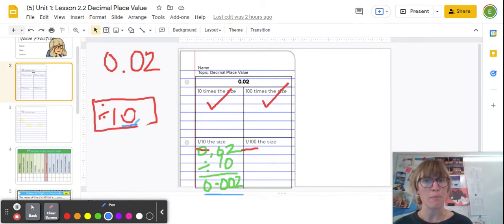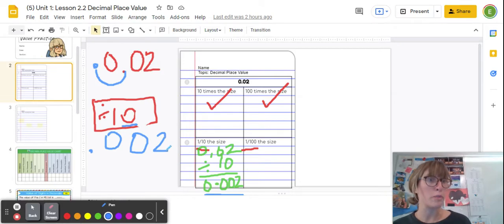As we whoop, we know how many whoops we're going to do based on how many zeros we're dividing by. So 10 means 1 whoop. And I'm whooping it this way because as I drop down 0.00, drop down the 2, I want the number to be smaller. If I whoop it the other way, I'm going to end up with 2 tenths, which is bigger, right? So I've moved it so that I ended up with a smaller number, and it matches. Bing!